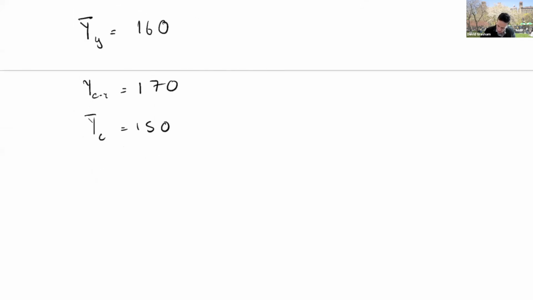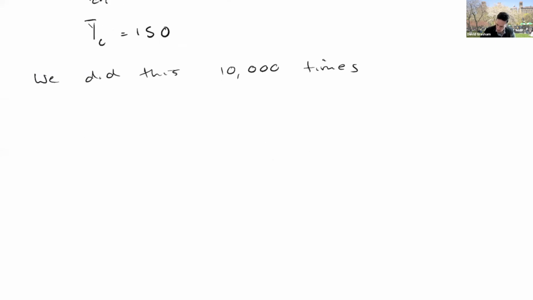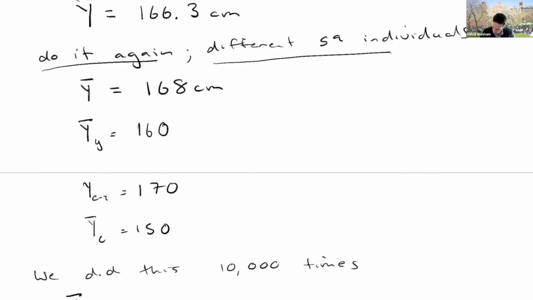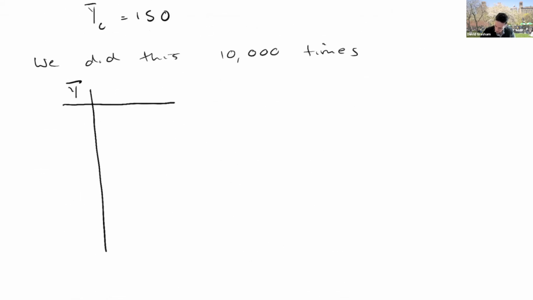If we did this 10,000 times, then we're going to get a table of sample means with some value. So let's choose our 166.3, which is right here.